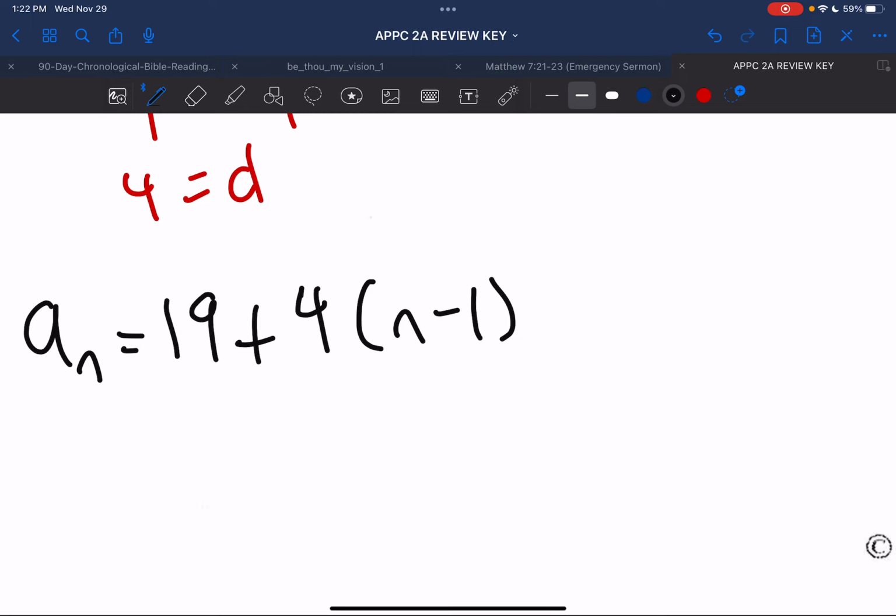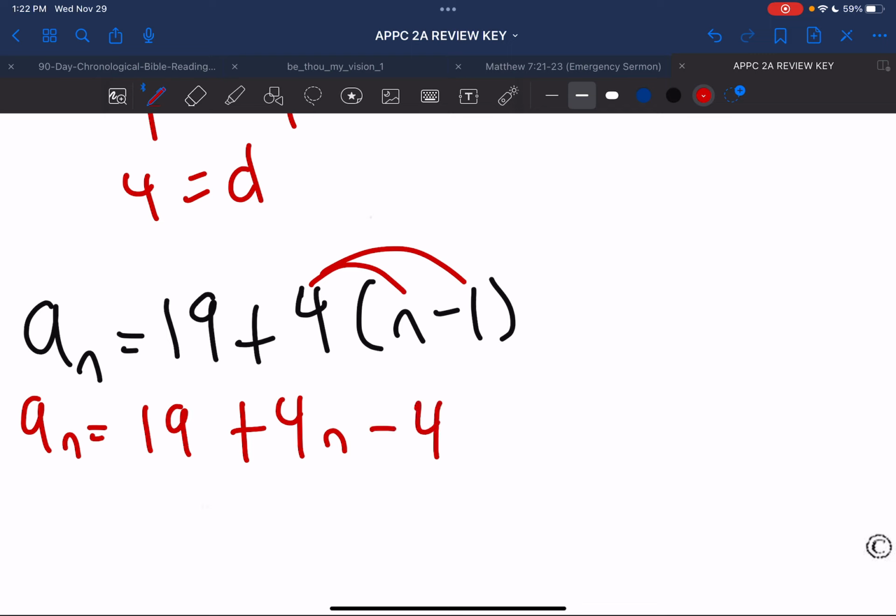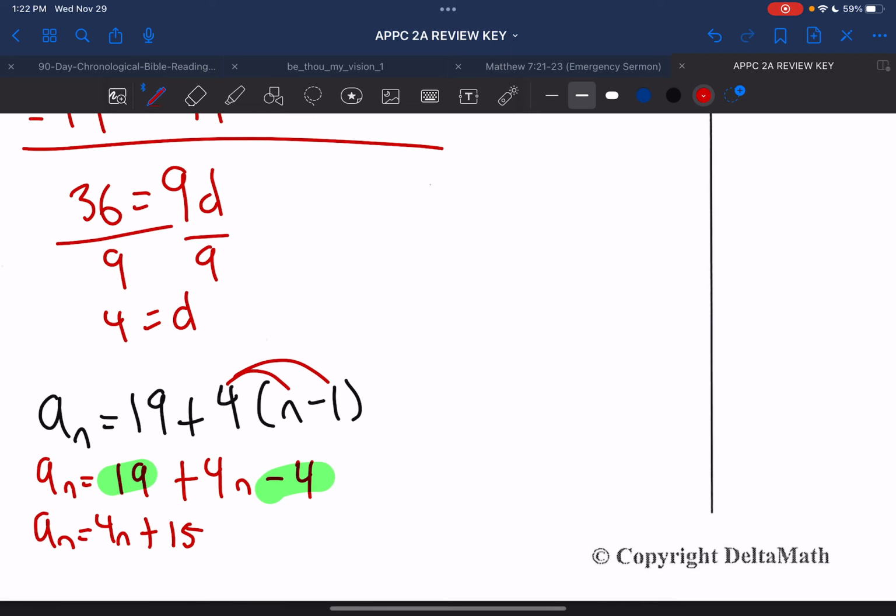And if I wanted to rewrite this as just n instead of n minus 1, I could distribute and then just combine like terms. Okay, and remember that this is the form that we usually write in function notation.